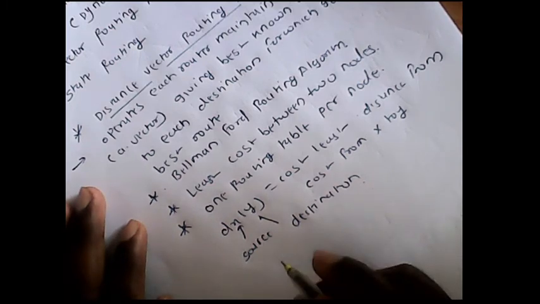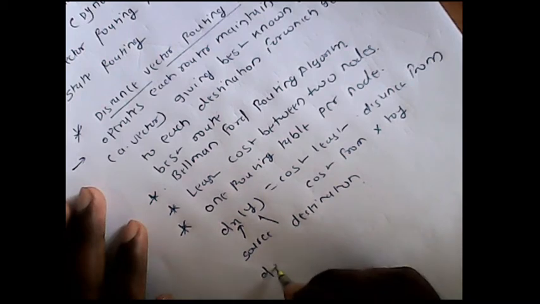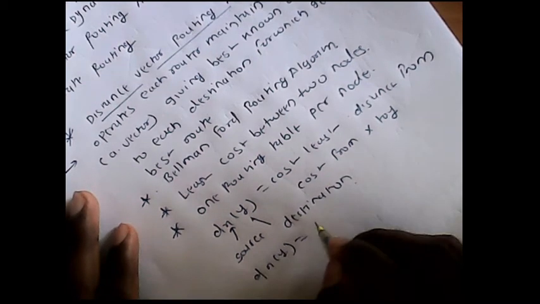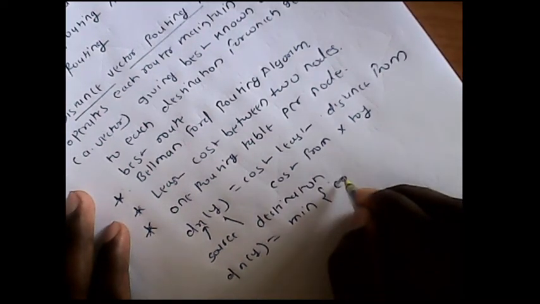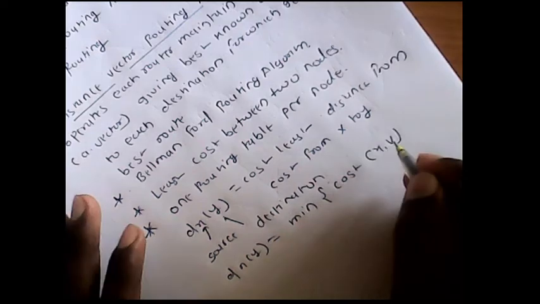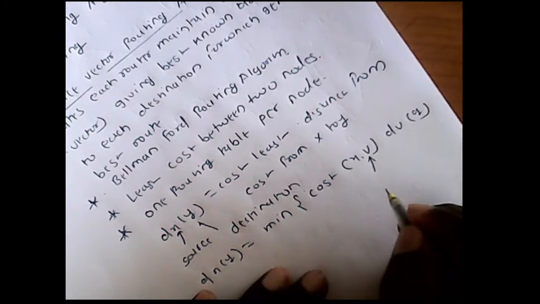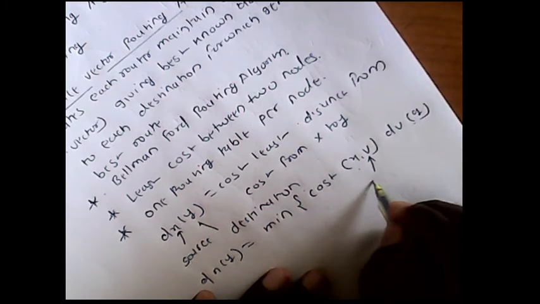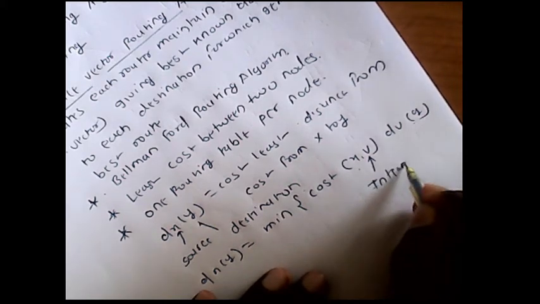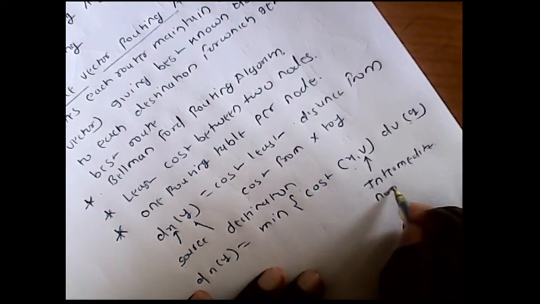Then there is also a formula to select: dx(y) is equal to the minimum of cost c(x, v) plus dv(y), where x is the source, y is the destination, and v is the intermediate number of hops.